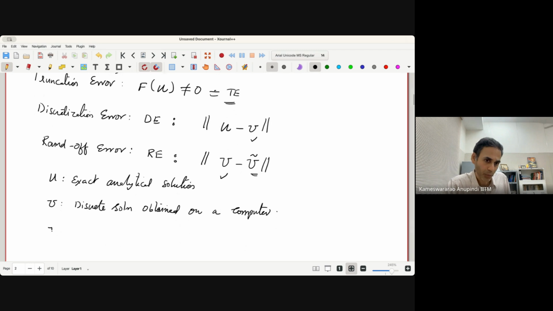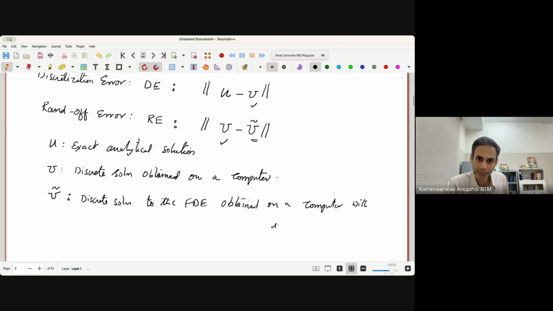Whereas U tilde, what I'm defining here, is the discrete solution to the finite difference equation obtained on a computer with infinite precision. Means we have this hypothetical computer in which there is no round off. That means it can represent any floating point number to infinite precision.